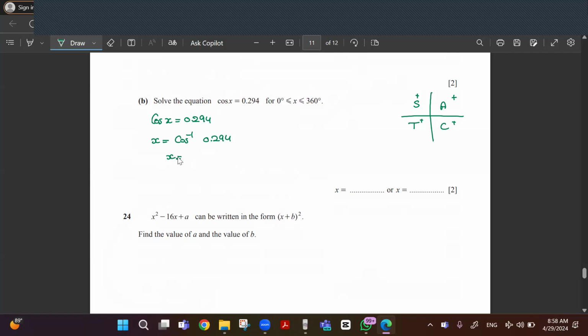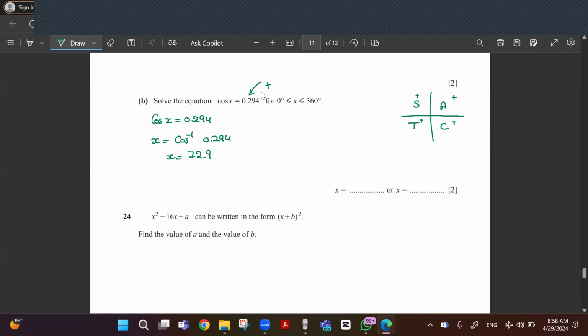So from here, can I get the x? Yes, I will do it on the calculator: cosine inverse 0.294. And then it will give me what? 72.9. So x here is 72.9. Here cosine is what? Positive.